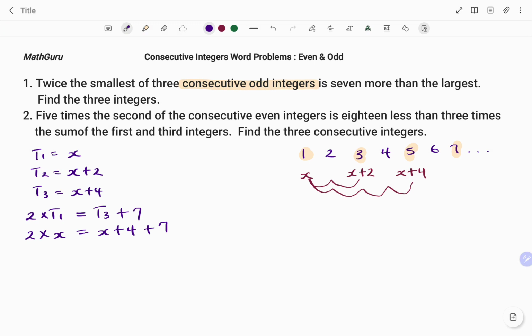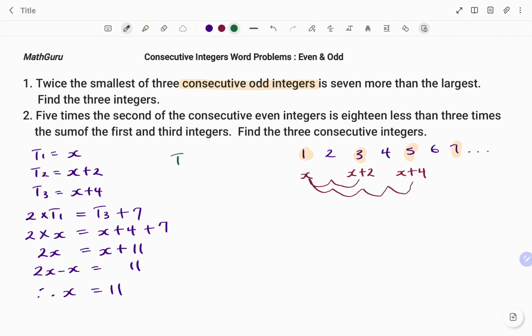So to find x, I have 2x equals x plus 4 plus 7, that's 11. If I take out x from both sides, I have 2x minus x equals 11. I move my x to the left hand side. So therefore, 2x minus x equals 11. The question says, find the 3 integers. We've been able to find the first term.